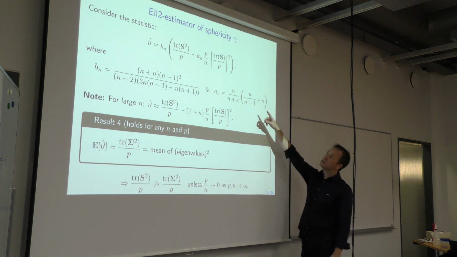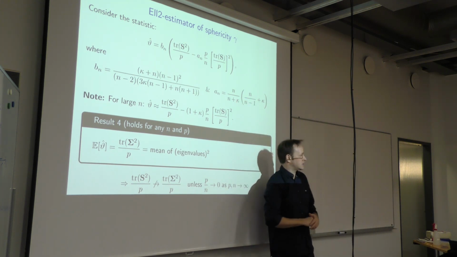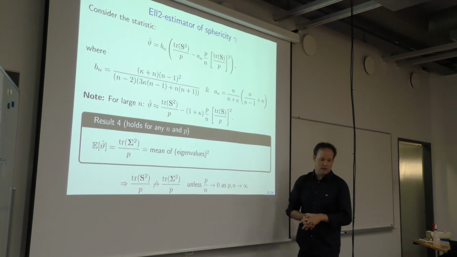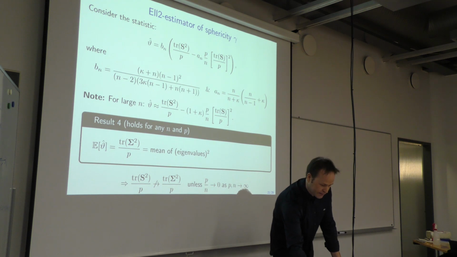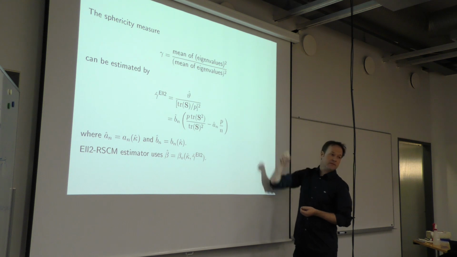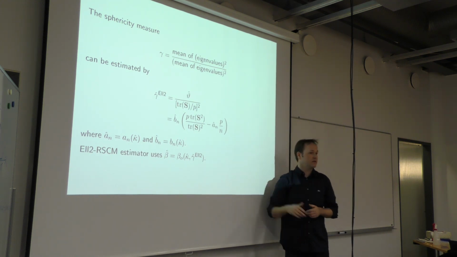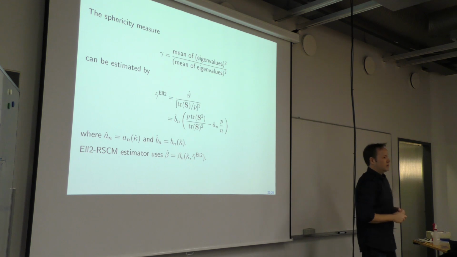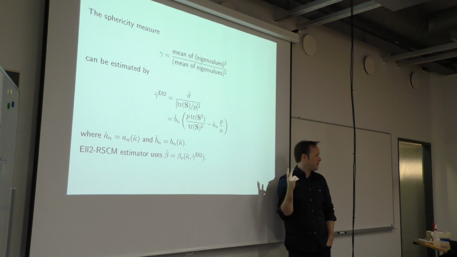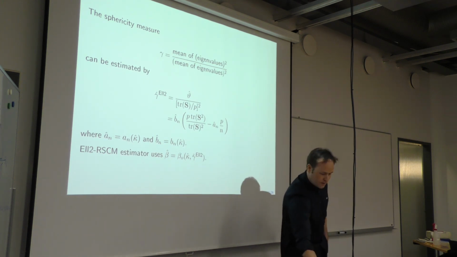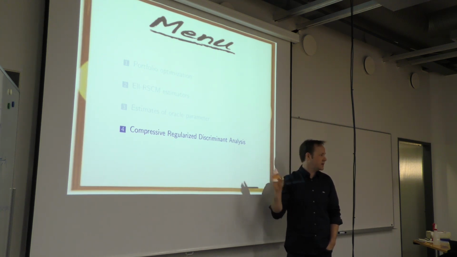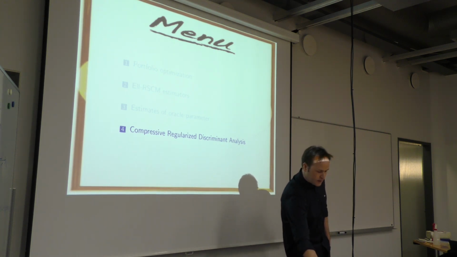So actually you need this here, in order to have a consistent estimator of the mean of the squared eigenvalues. Since this sphericity measure was given as follows, we now have an estimator of that statistic. So we now have two sphericity statistics that we can use, and we get two estimators of beta, and those were the red and blue lines that I showed earlier.